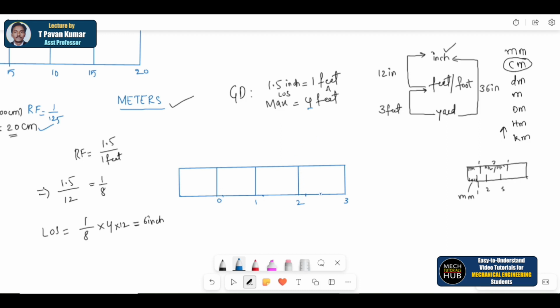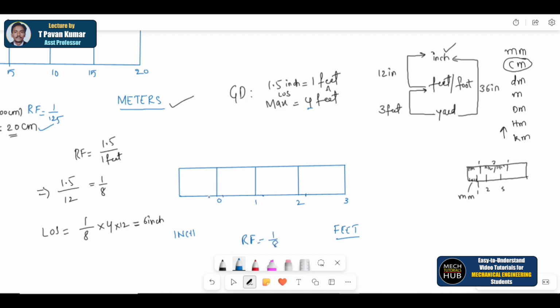What I can read now is feet, and the next subunit can also be read. So I can easily draw the scale and write this as feet and inch. RF is equal to 1 by 8 after calculation.